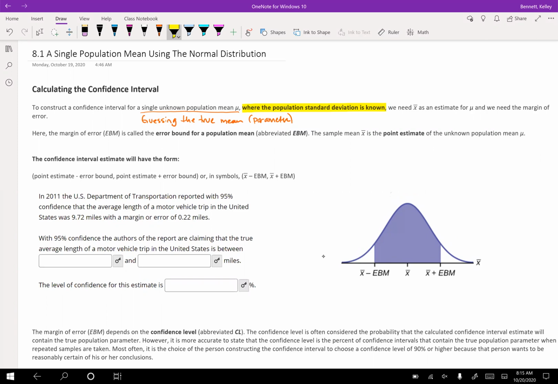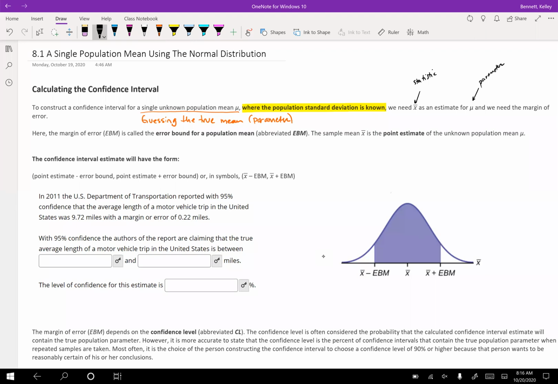Hey, this is X bar, our point estimate for mu. It's a guess of what mu is. Again, this is a statistic. X bar is a statistic because it's going to come from a sample of the parameter, and we're going to use it to predict, estimate, guess, whatever you want to call it, the parameter mu.